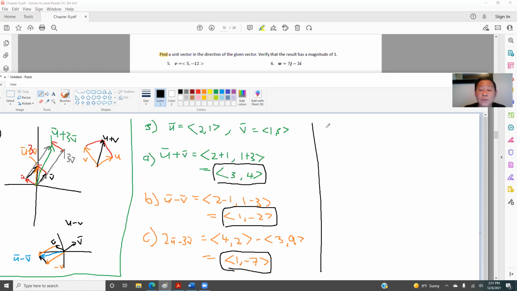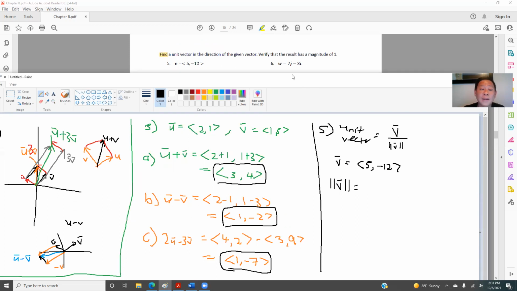Question 5 is they want you to find the unit vector. So again, the formula for unit vector is taking the vector v divided by its magnitude. Okay, so vector v in this case is 5, -12. So you need to find the magnitude of it.